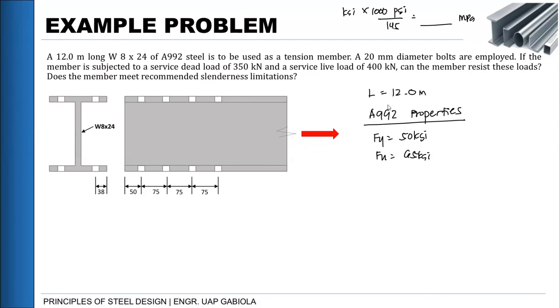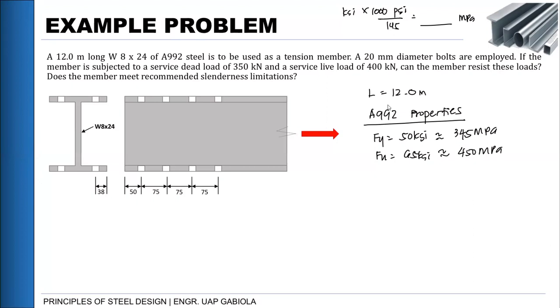So for this case, 50 KSI times 1000 all over 145, that is 344.82. So we can assume that this is equal to 345 megapascal. And for the 65 KSI, 65,000 divided by 145, that is 448.27. So assume 450 megapascal, just to have a more whole number for our values of Fy and Fu.